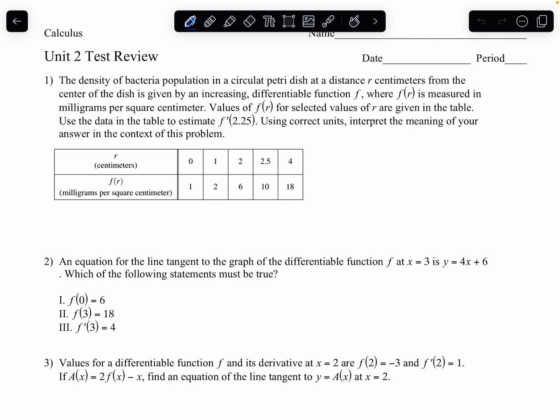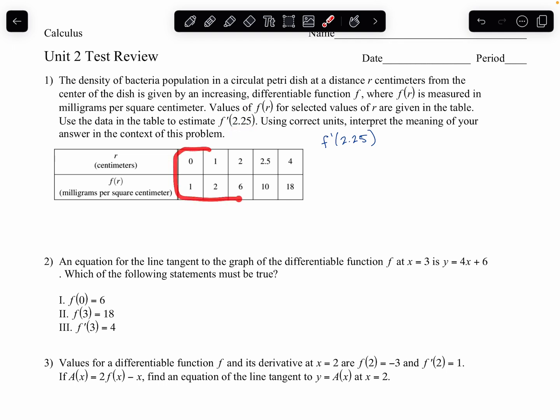Okay, let's see. So we're going to estimate f prime of 2.25 using values in the table. So here's the table given here. f prime of 2.25 means the derivative at 2.25.